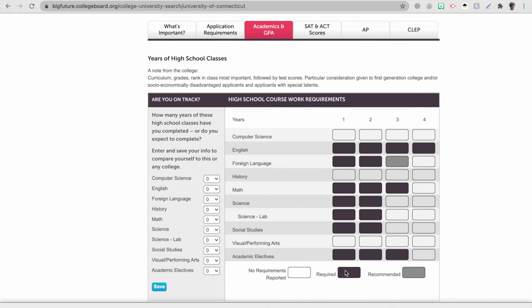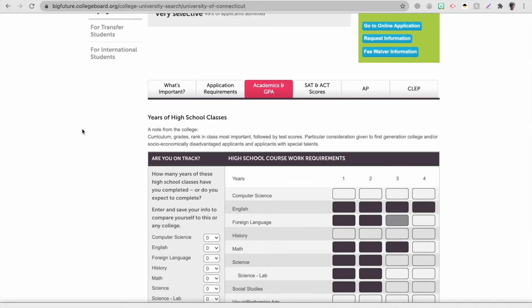If the college is saying something is required or recommended, you should write it down. So for example, question number 2 of your research asks, which classes do you have to take in high school? So I would say English, and you have to take 1, 2, 3, 4 years of English. Then they have foreign language, 1, 2, 3 years. So you would count them all up and write them in your research.